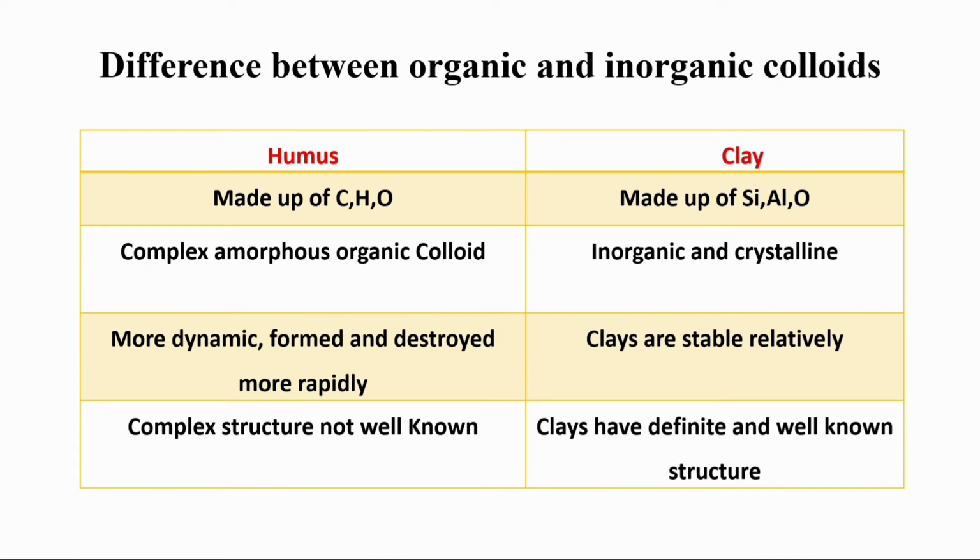Whereas clay is made up of silicon, aluminum and oxygen. It is an inorganic and crystalline colloid. Clay colloids are relatively stable, and clay has a definite and well-known structure.